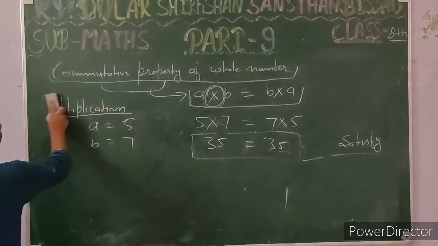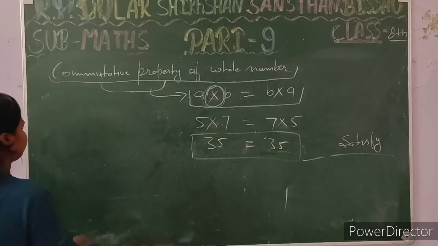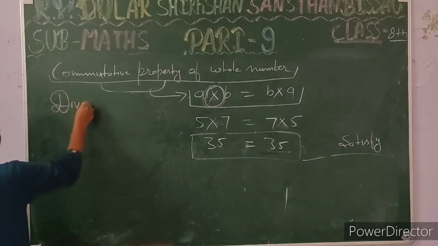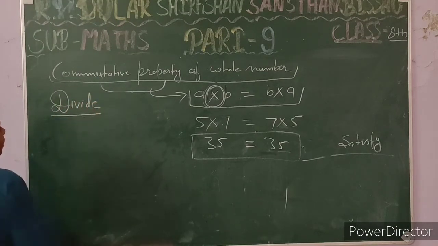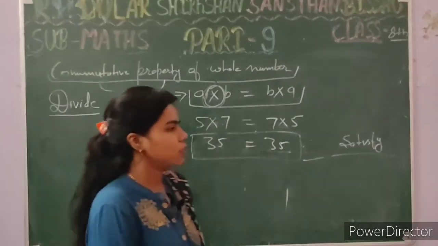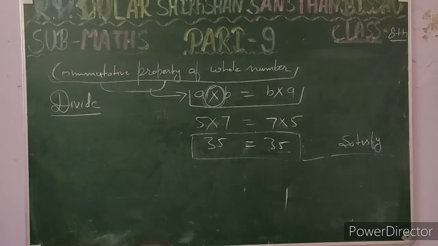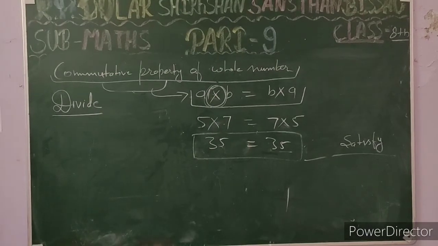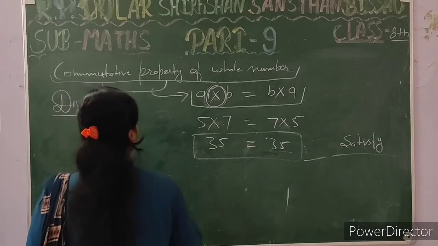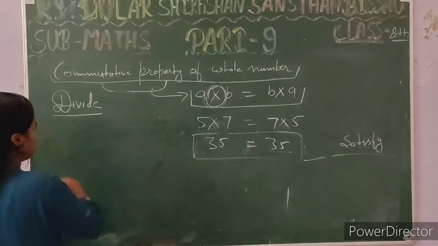Then we use here divide. Division, we can write a division also. So don't be confused, students, how we write these types of questions. Okay, students, I write here as 7 by 5. For example, we can use any example.